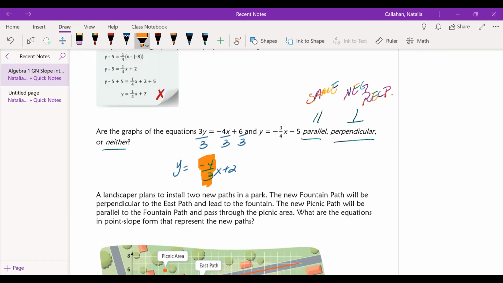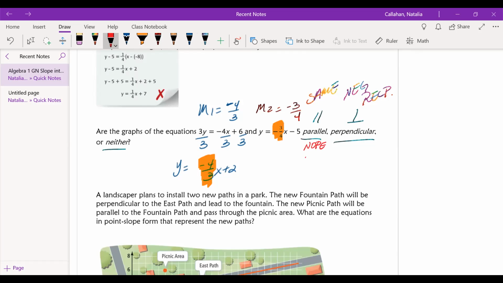My slope here is negative 4 over 3. I'm going to compare that with the slope in the second equation. And that slope is negative 3 over 4. So let's see if they're the same. Are they the same? Nope, they're not.